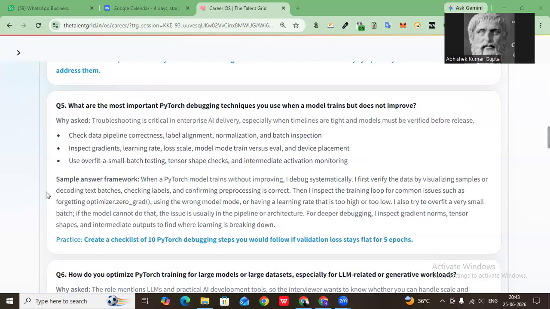Then I would even check if model.train is active during the gradient loop, and if evaluation mode is enforced or not during the gradient loop.